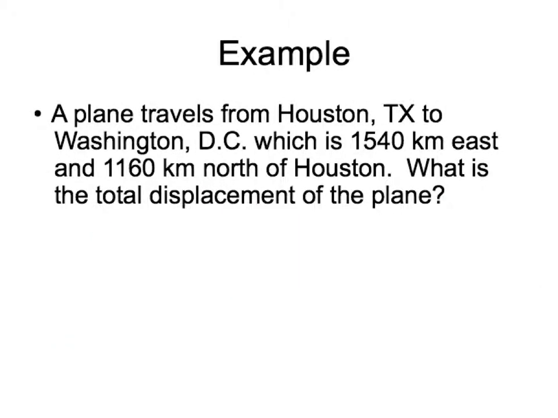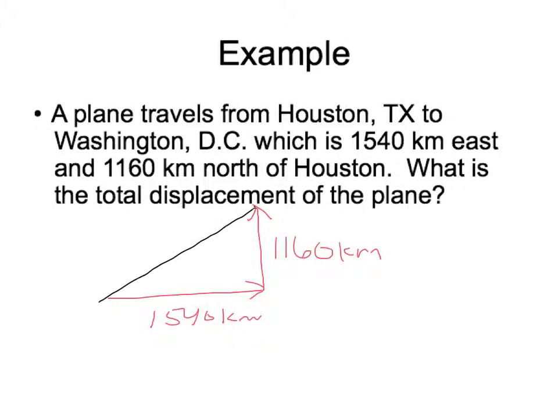Okay, so another one. I'm going to go east, 1,540 kilometers. And then I'm going to go north, again, notice tip to tail, 1,160 kilometers. The resultant vector is right there, and the angle. So again, I'm going to do the Pythagorean theorem, and I'm going to take 1,160 squared plus 1,540 squared, take the square root of that, and my resultant vector here should be 1,930 kilometers.